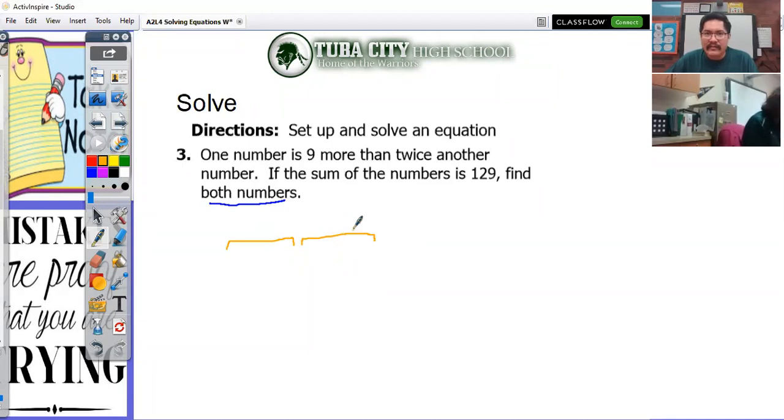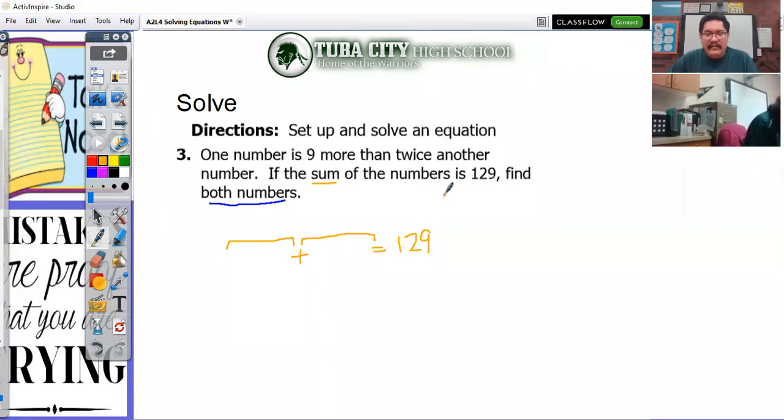So there's two numbers. We don't know what these numbers are yet, but we know that if we add them, because it says here the sum, if I add them together, we get 129. Again, the sum means result of adding. So if we add the first number, the second number, we get 129.